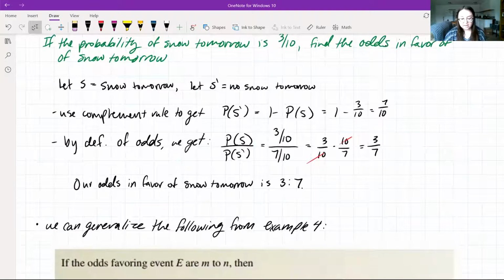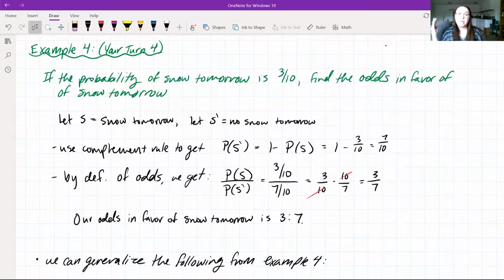Whenever we write odds in favor of, the number that we found for the probability that we're thinking of always goes first. So even though 3 is obviously less than 7, we would still say our odds in favor of snow tomorrow is 3 to 7, because we know that the probability of snow is 3 over 10, and the probability of no snow is 7 over 10. So we write it in favor as 3 to 7.